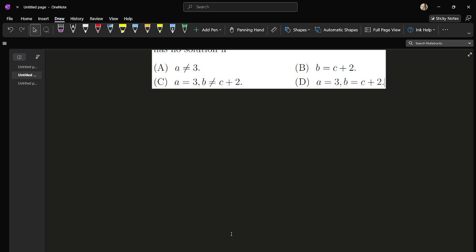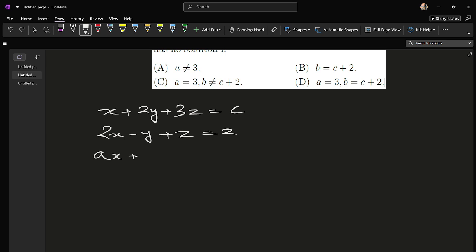To determine when the system of equations has no solutions, we can apply the conditions of inconsistency. The system is x plus 2y plus 3z equals c, 2x minus y plus z equals 2, and ax plus y plus 4z equals b.